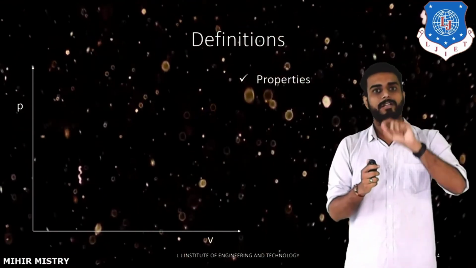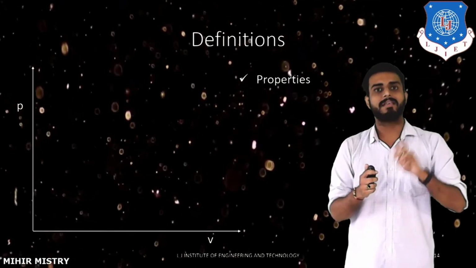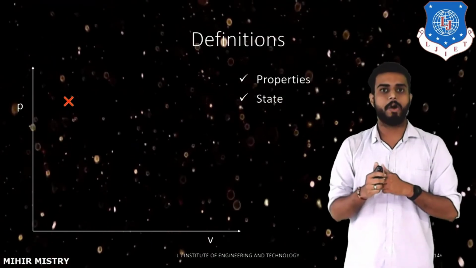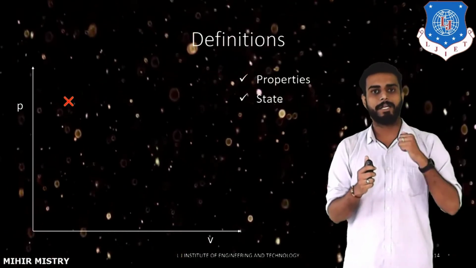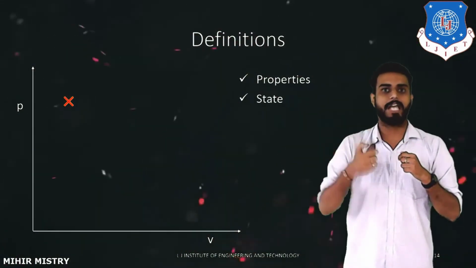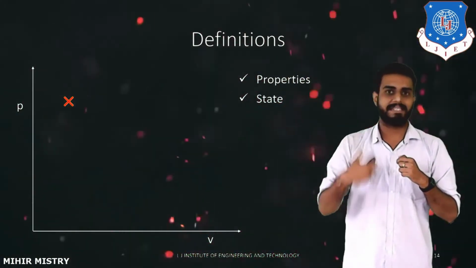Now, if the property has certain definite value, then it will be known as state, right? So as you can see on the PV diagram, I have plotted one state. So particular to this cross mark, you will have a particular pressure value and you will have a particular volume value, right, on the y and x axis respectively.